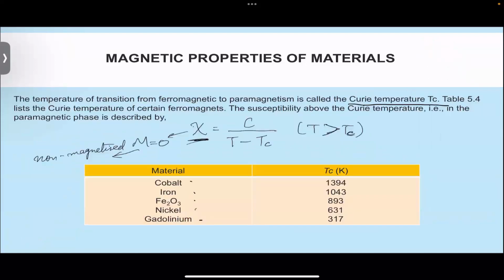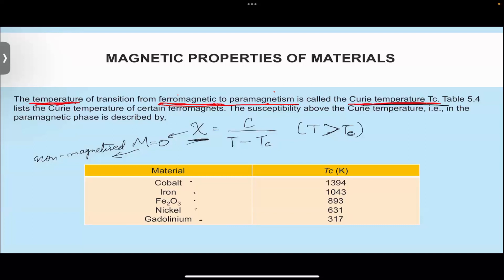Again, we have a temperature dependency, where because of temperature, a ferromagnetic material can transition from being ferromagnetic to a paramagnetic material. The temperature of this transition, where the ferromagnetic materials start losing their ferromagnetic property and turn into paramagnetism and eventually probably lose the entire magnetism, is called the Curie temperature.